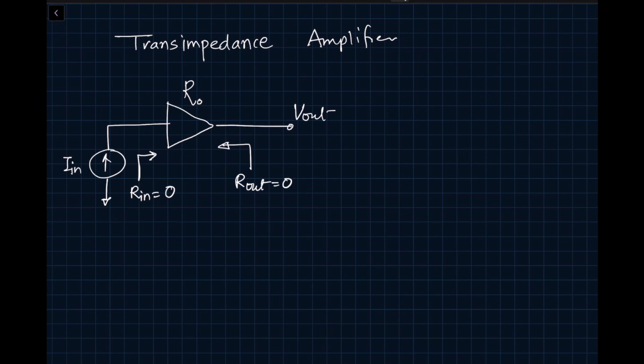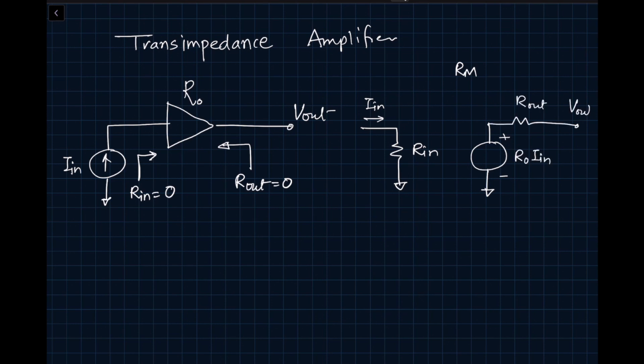Okay, and the realistic model with Rm is going to look like this. So we would like to see ideally Rin equal to 0 and Rout equal to 0 because it's a voltage output, and this represents your realistic model.